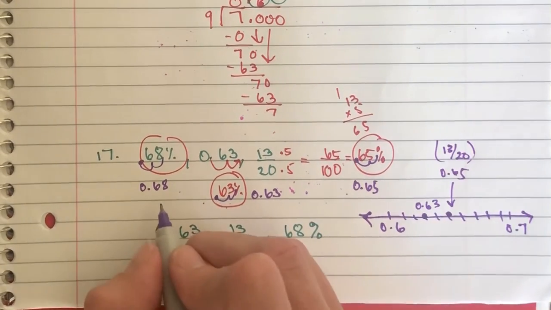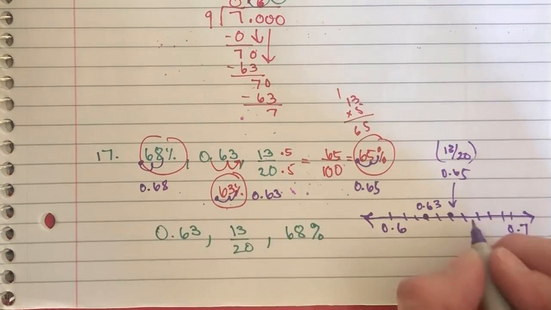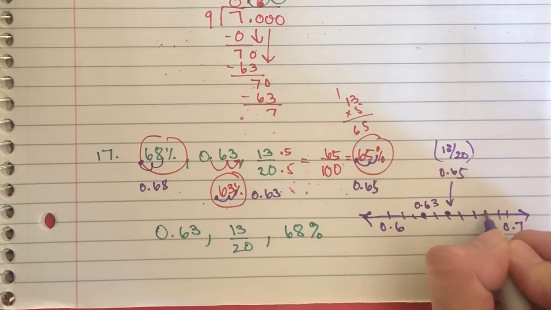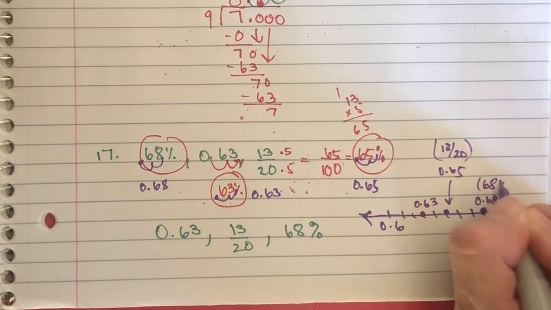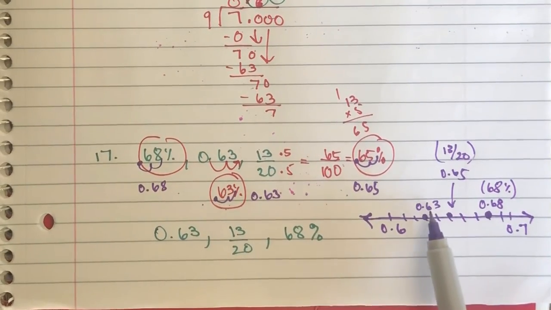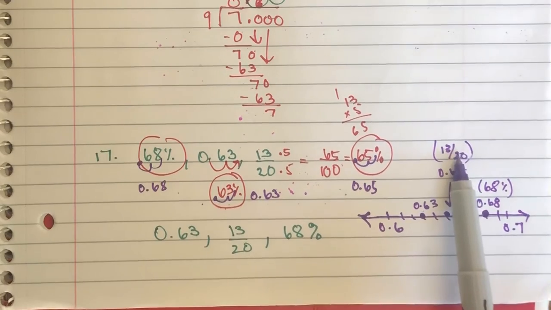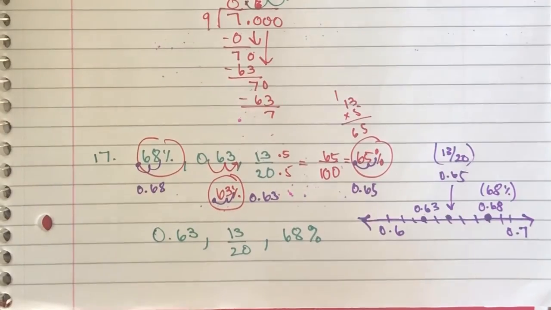And then the last number I need to graph is 68%, which was 0.68. Okay, which was 68%. And then I could show you from least to greatest, it was 63 hundredths, then 13/20ths, then 68%. Okay, that completes the classwork.